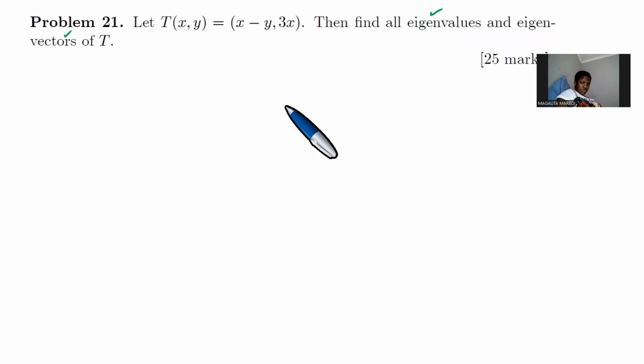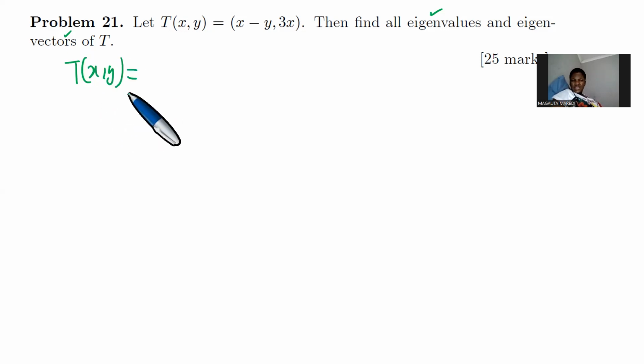Now, what methods do we employ here? We start as follows. We look at the map T of x, y. Is it 25 marks?